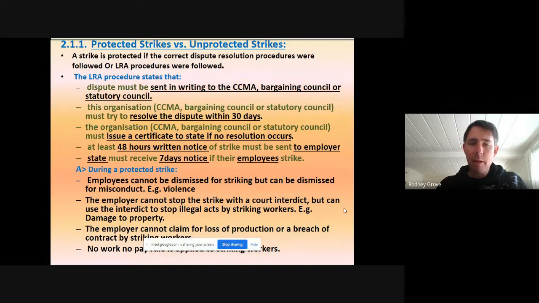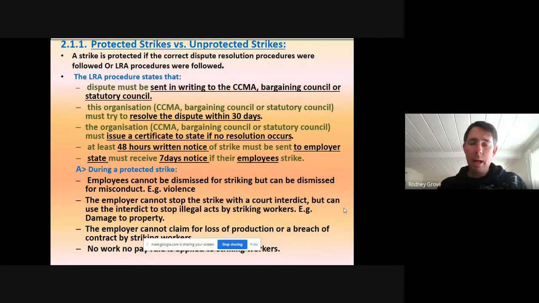But if it is a government institution, in other words, if the staff are employed by the government, a minimum of 7 days needs to be given to the employer. In other words, the employees need to give government a minimum of 7 working days notice that they intend on going on strike. Okay, all of that has got to happen in the correct procedure or in the correct steps.